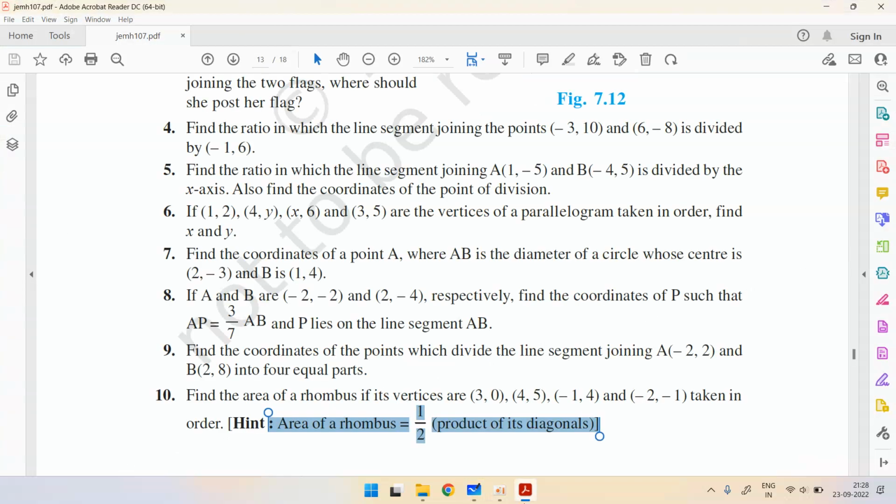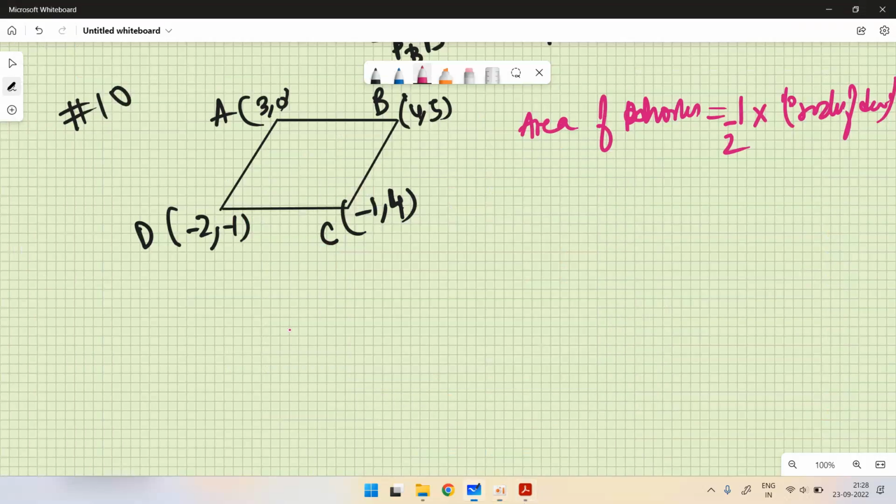By doing so you will get the lengths of the diagonals. So what is AC?